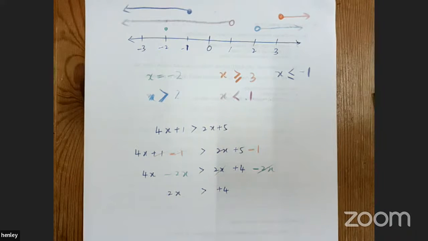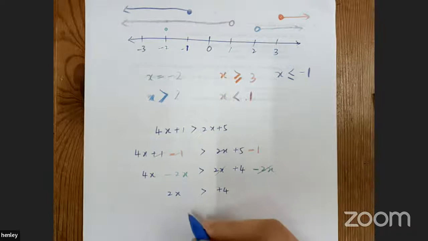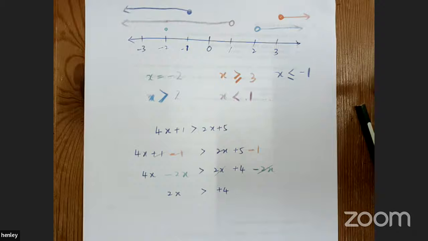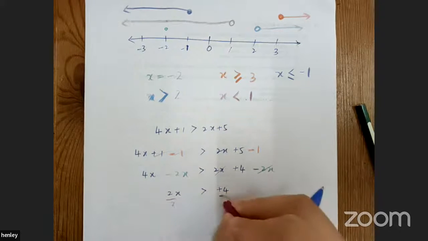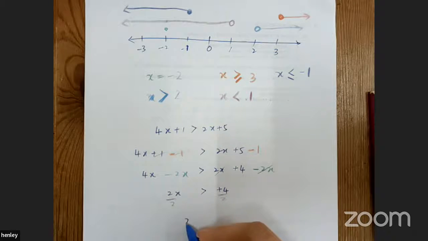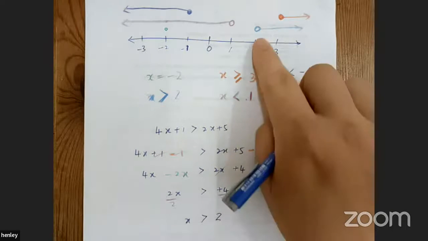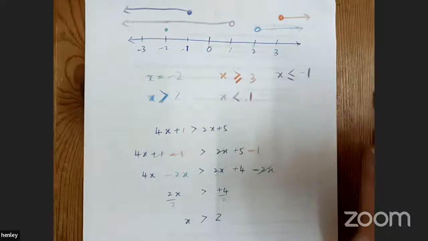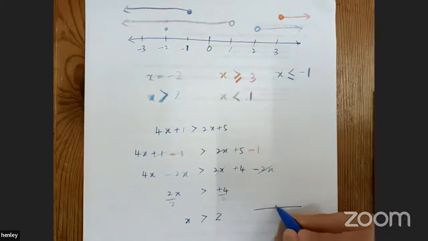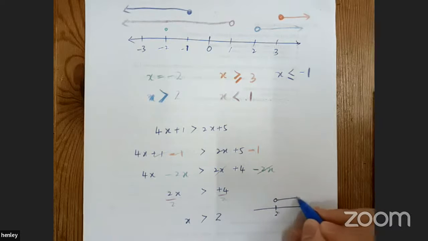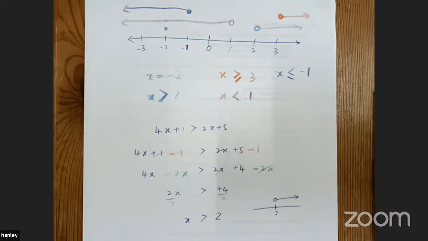So do not try that. Then you can further divide by 2, divide by 2. So x must be larger than 2. Just like this answer, x will be larger than 2.